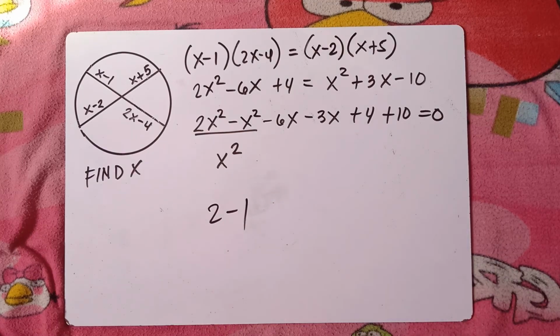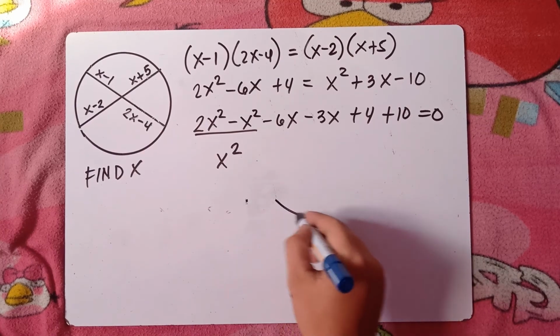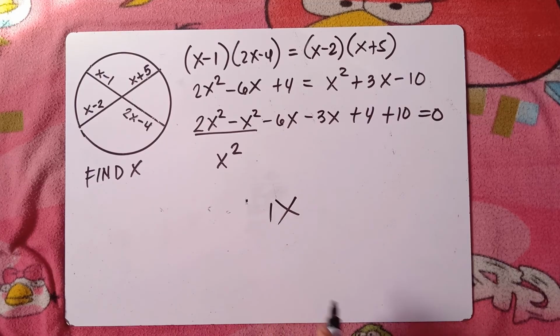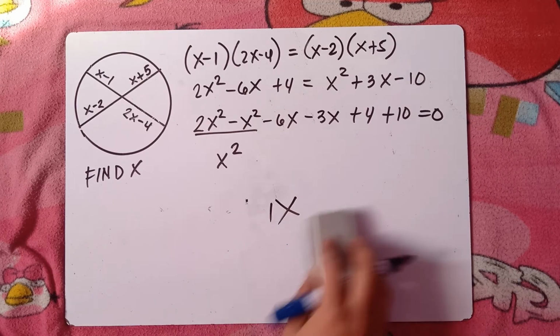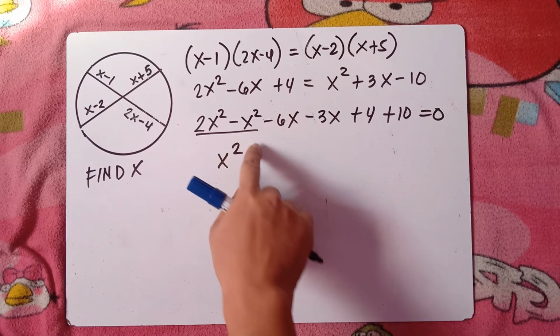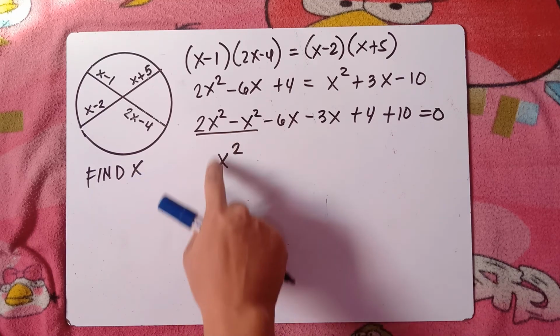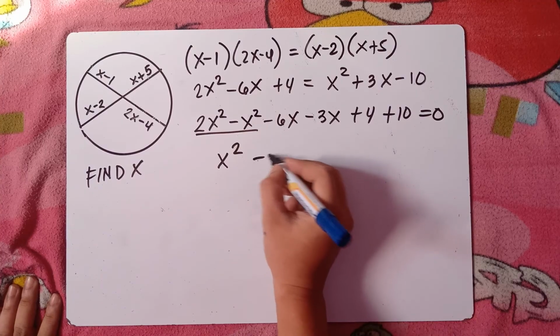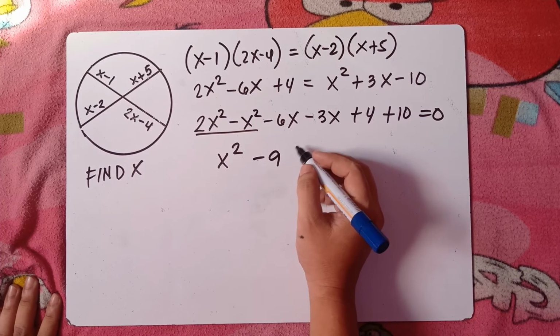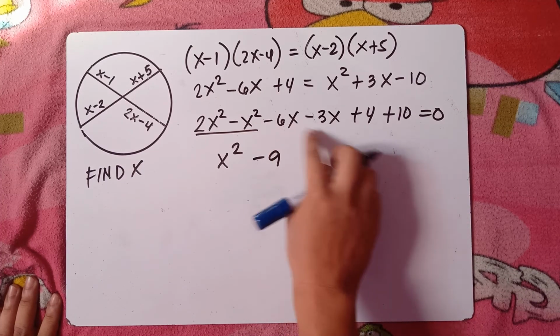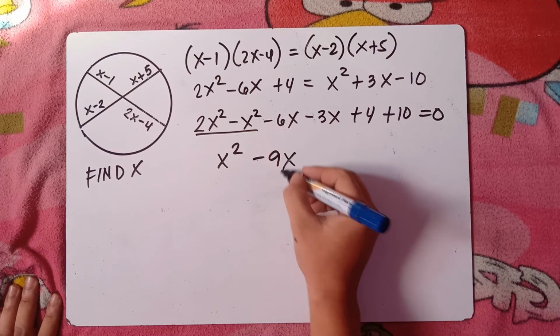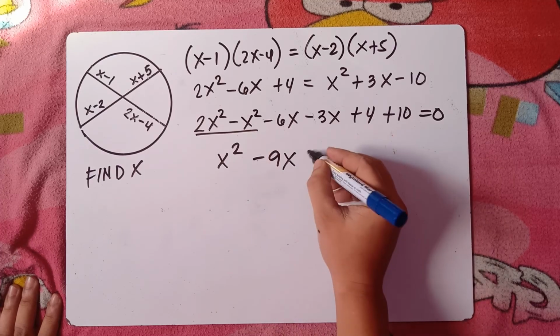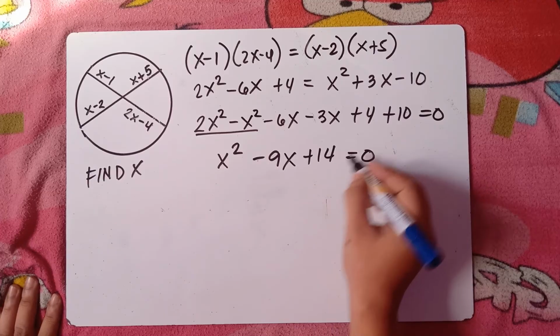Understand that in every x there is a numerical coefficient of 1. So 2x squared minus x squared, 2 minus 1 is 1. Just copy x squared. Negative 3x minus 3x, that's negative 9x. Just copy the negative sign, then add. 4 plus 10, that's 14, equals 0.